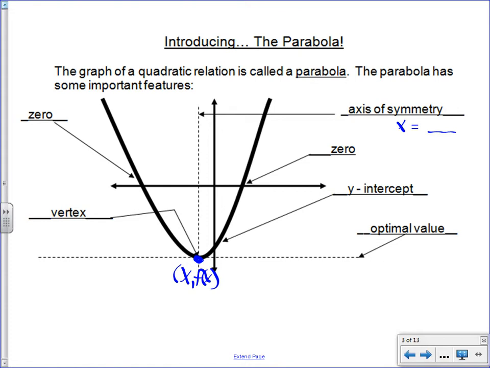We have y-intercepts, x-intercepts. The optimal value is going to be either a maximum or minimum, and it will always be written as y equals something, whatever that something is. And we'll be able to tell what that something is when we have actual numbers on our Cartesian plane.